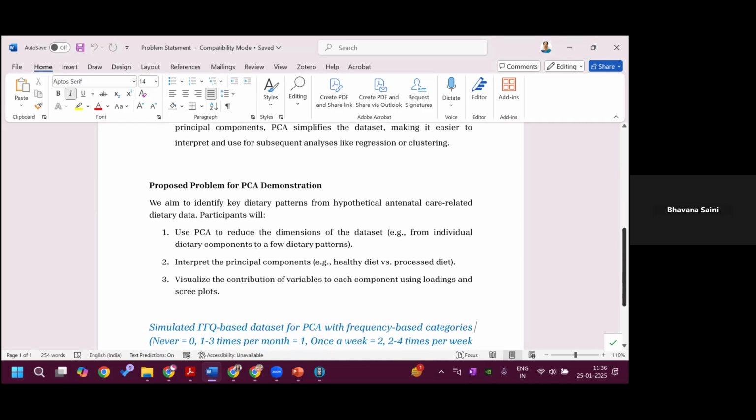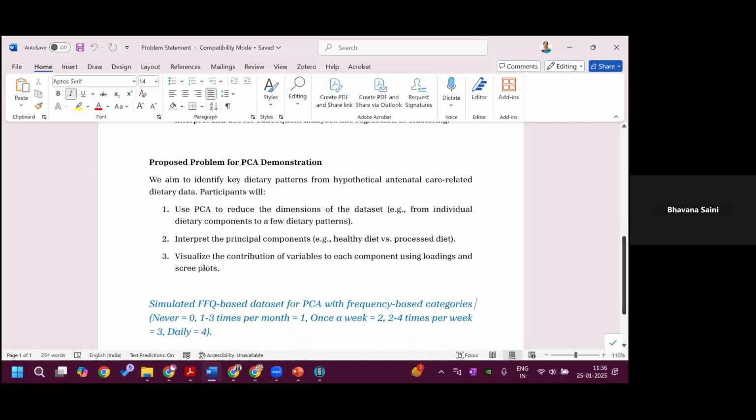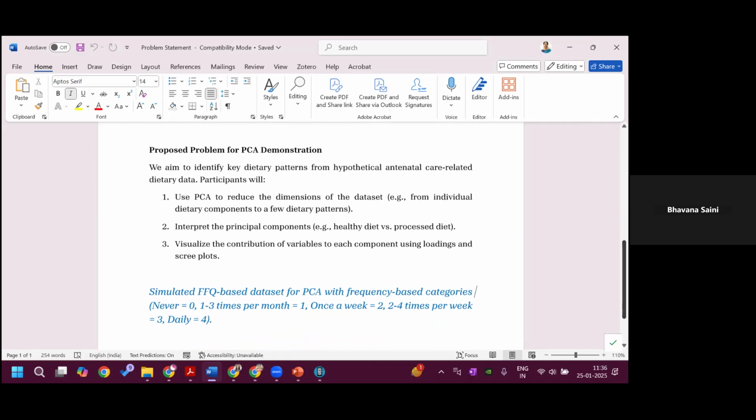Now, the proposed problem for PCA demonstration. We aim to identify key dietary patterns from hypothetical ANC-related dietary data. Participants will first use PCA to reduce the dimensions of the dataset, for example from individual dietary components to fewer dietary patterns. Second is to interpret the principal components, for example healthy diet versus processed diet. Third is to visualize the contribution of variables to each component using loadings and scree plots.